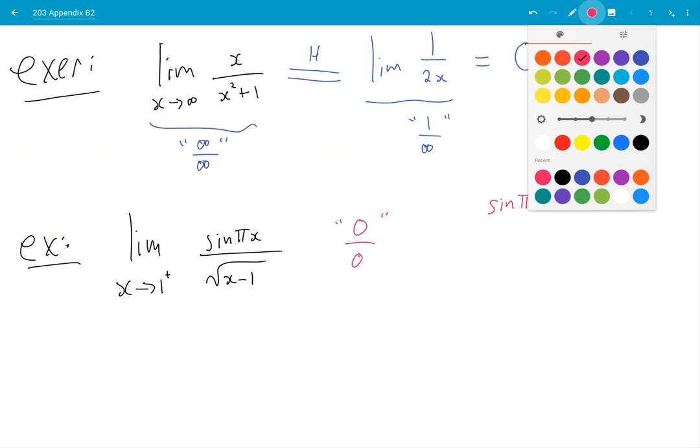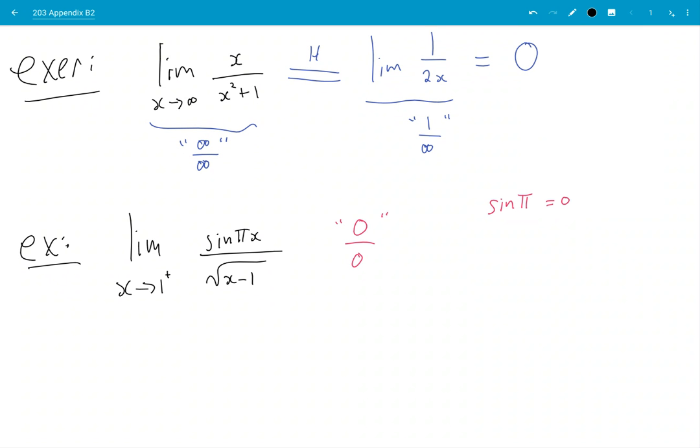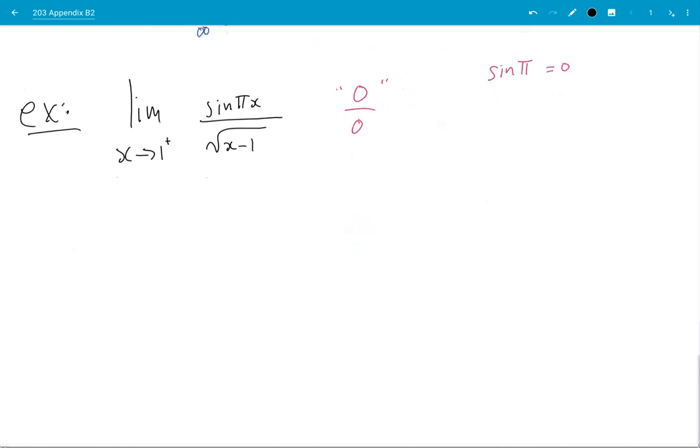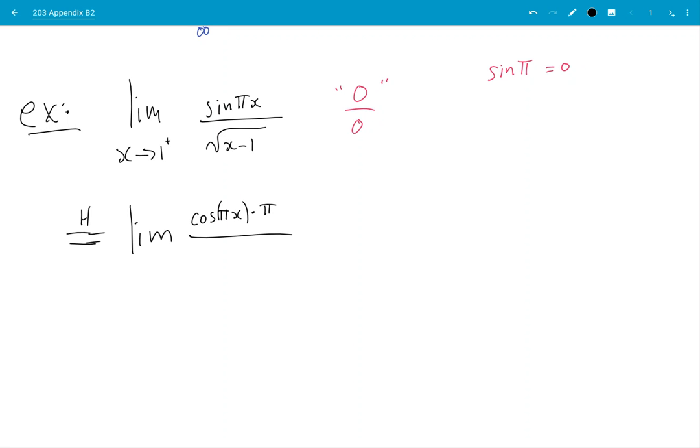Now I can use L'Hopital's rule. Okay, it does apply in this case where you have a one-sided limit, thankfully. So I do a L'Hopital's rule here, putting the H to indicate that. And what do I get? I get cos pi x times pi for my chain rule. On the bottom, I get half x minus 1 to the negative a half.